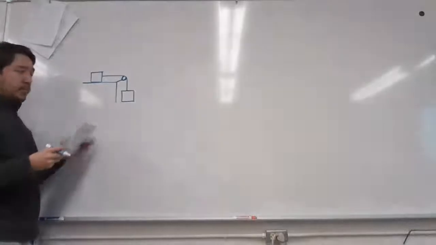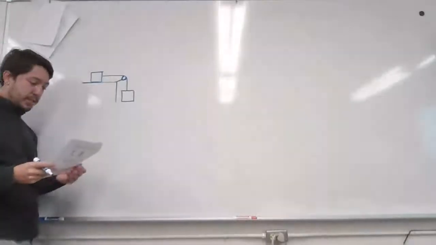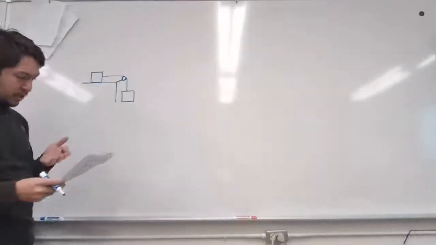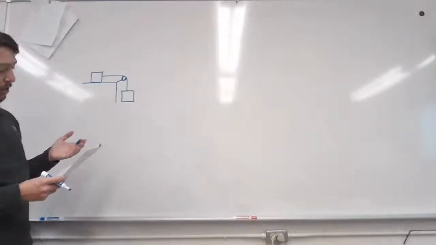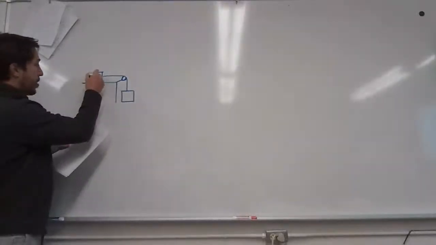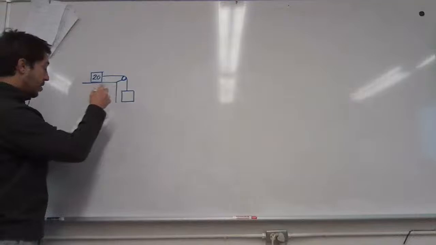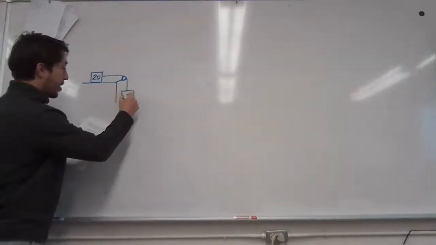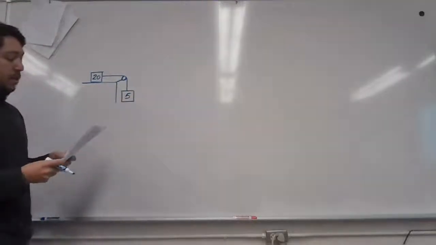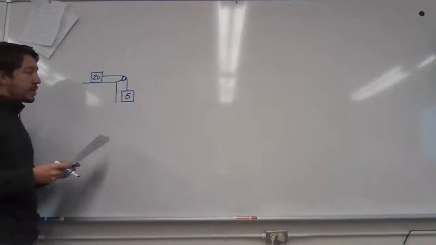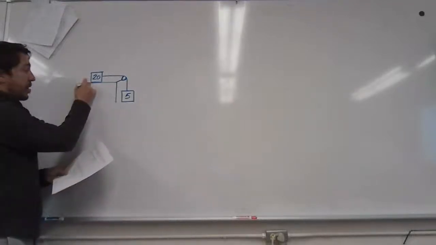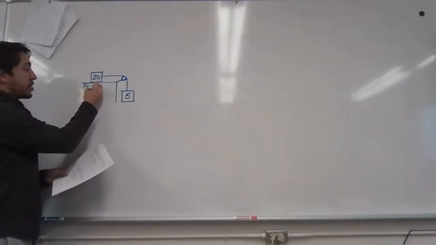It's way less intuitive than the static system. You'll notice this question says you have the 20 kilogram block right here, and this 5 kilogram block right here. When you release it, note that it says this is frictionless, if you missed that.